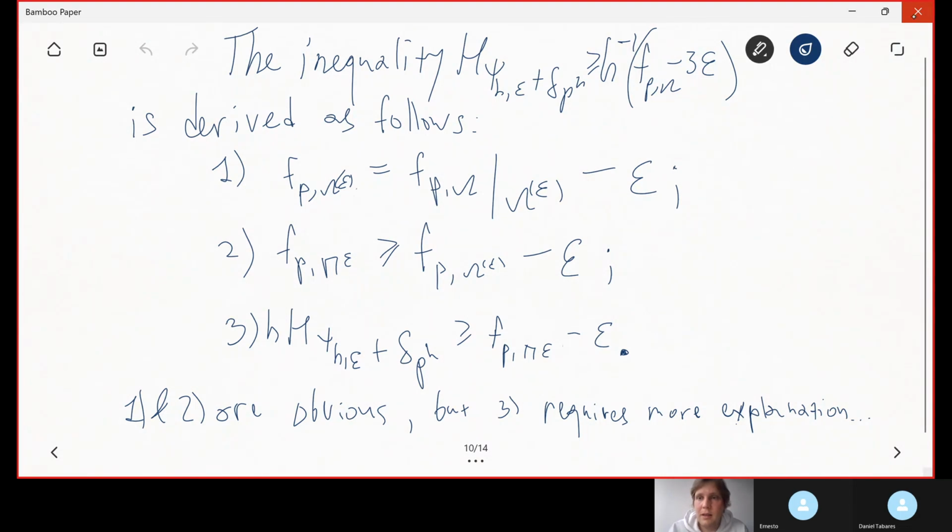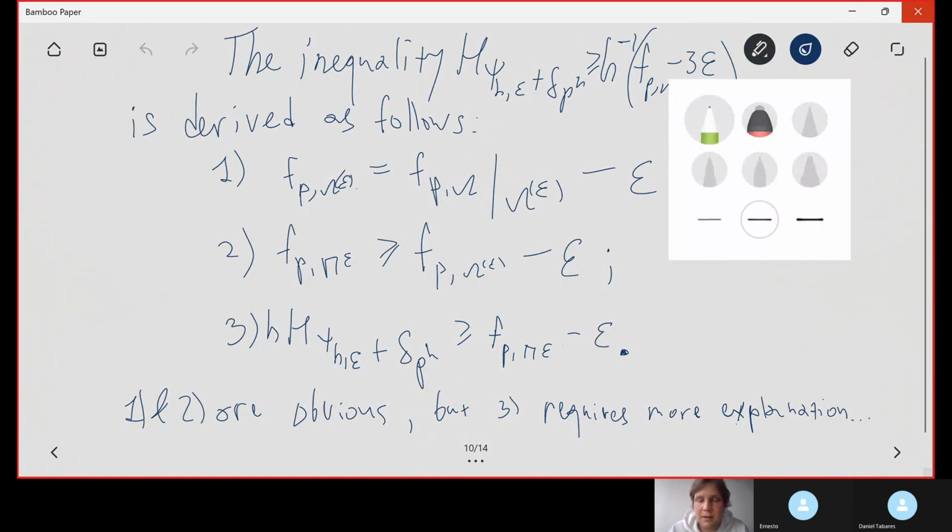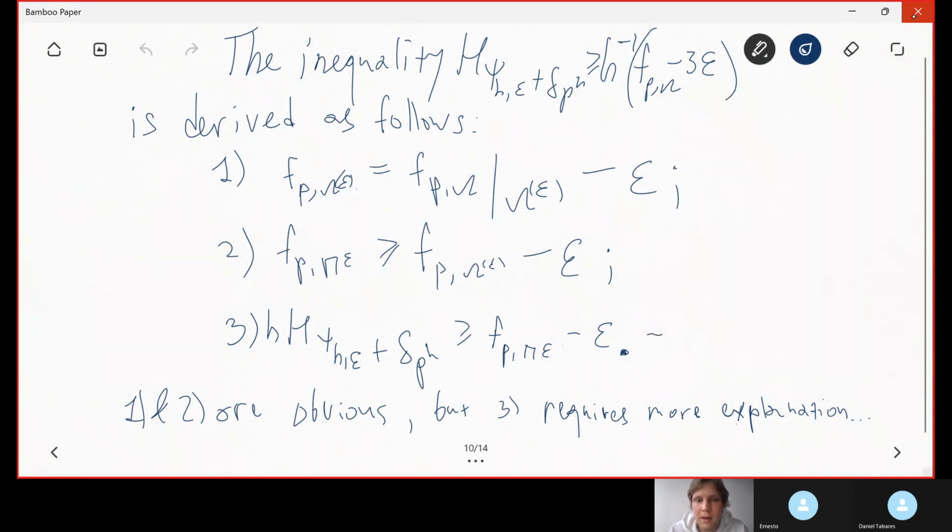And so you see that you combine the uppermost inequality going from the third, then to second, then to 1. And this is how you accumulate this minus 3 epsilon. And now we are left with really understanding 3.